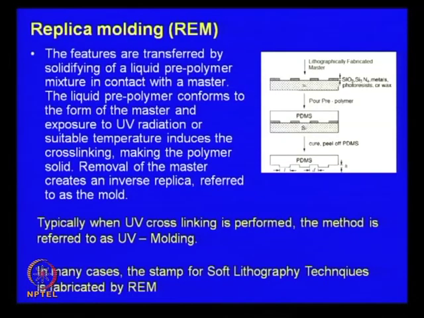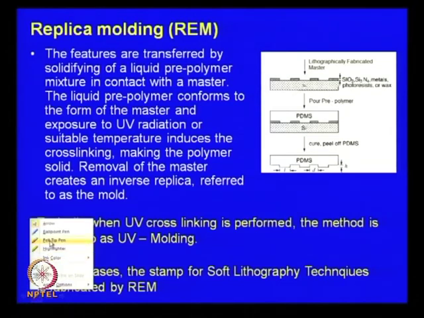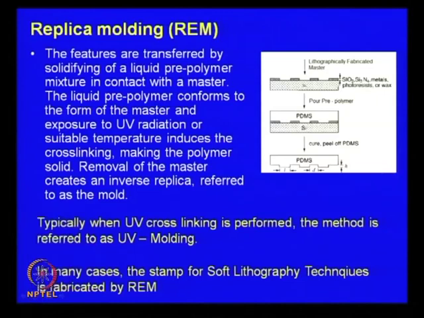Here in this technique, the features are transferred by solidifying a liquid pre-polymer mixture in contact with a master. So, what does it mean? You take a rigid stamp, which can be a photolithography stamp or a nano imprint lithography mold or whatever.